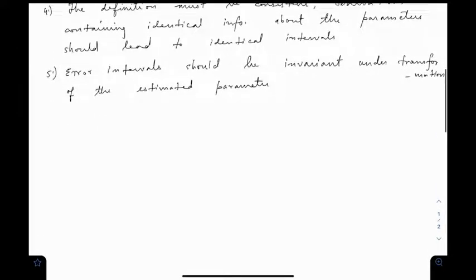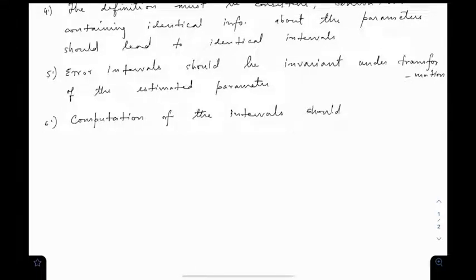A computation of the intervals should be free from arbitrary model depending assumptions.